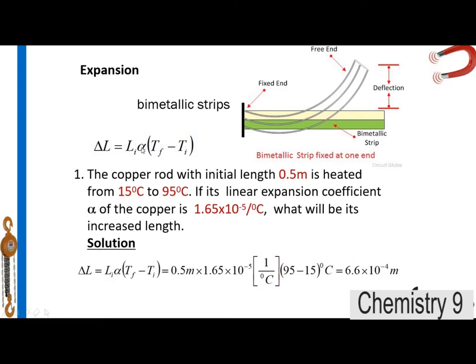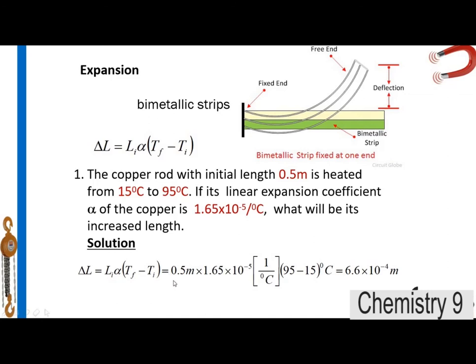So we're going to apply this equation, that is, the change in length is equal to the initial length multiplied by the linear expansion coefficient, which is then multiplied by the temperature change.